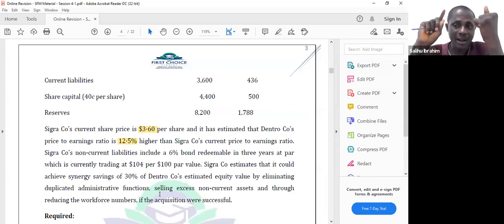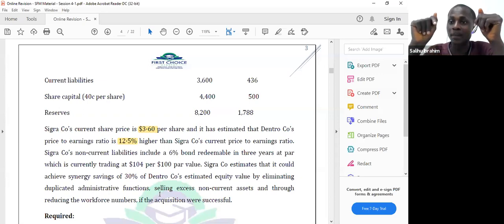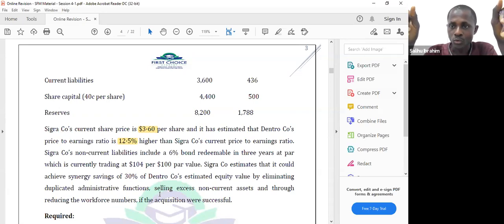Let me repeat it. The items are the pre-acquisition market price of Sigraco, the pre-acquisition market price of Dentroco, plus the synergy saving, which is equal to 30% of the pre-acquisition market price of Dentroco.